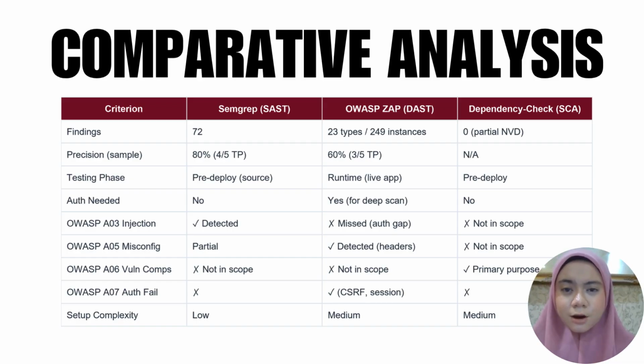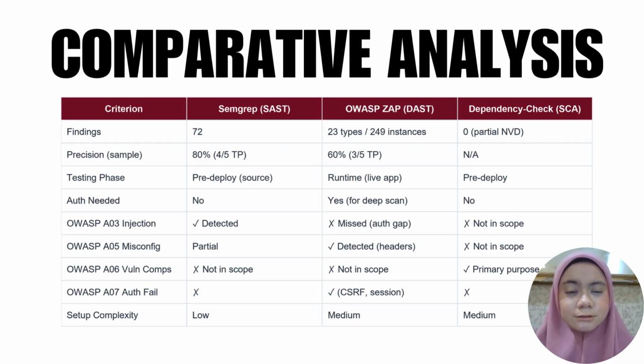It detected OWASP A03 injection issues, but only partially covered A05 misconfiguration and did not cover A06 vulnerable components or A07 authentication failures. ZAP produced 23 alert types across 249 instances with 60% sample precision, tested the live running application, and needed authentication for deep scanning.